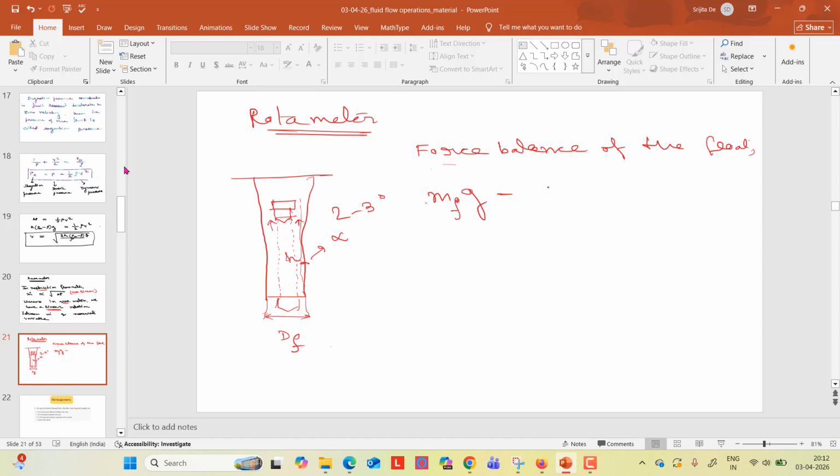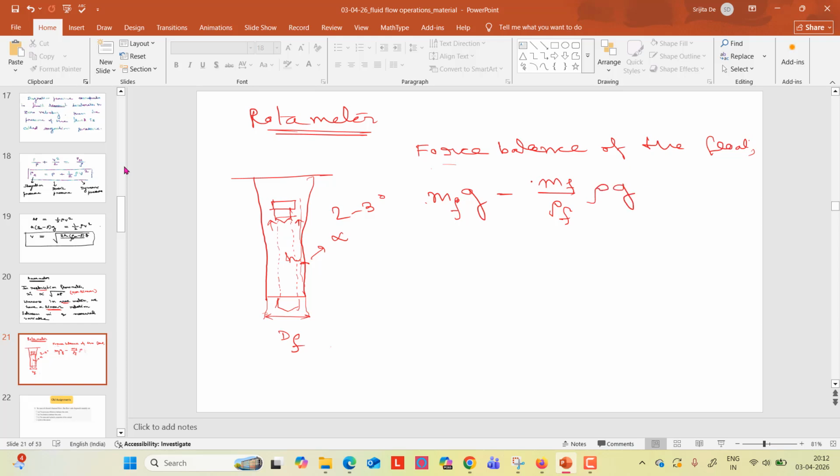It is the volume displaced by this object, so it is mf by rho f. This is the fluid region which is removed, so it has to be multiplied with the fluid density and g.